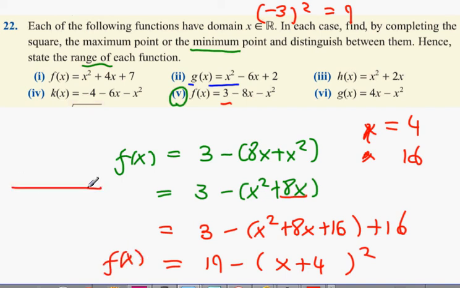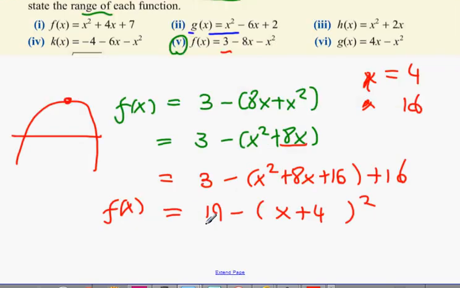Now, we know this is an n-shaped function, don't we? Yeah? Now, you're taking away a square. Squares are always positive numbers. So we want to make this square 0. So we're taking away no number, and hence we find out what the maximum is. This is 0 when x equals minus 4. x equals minus 4 is to the left of the y-axis.